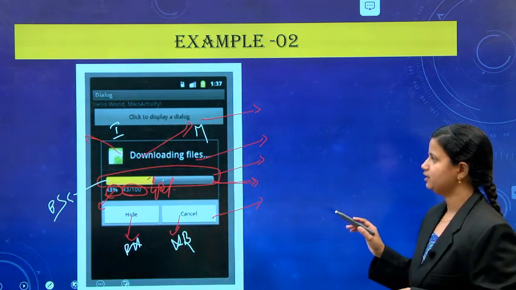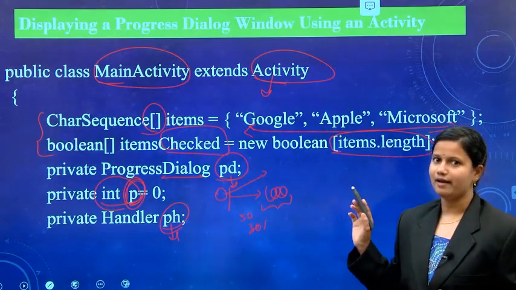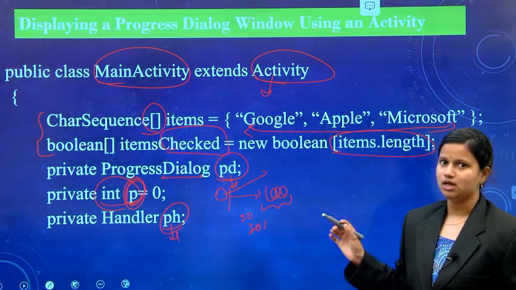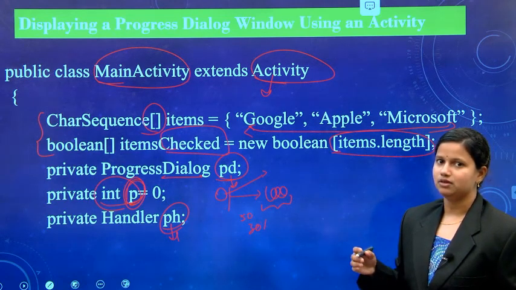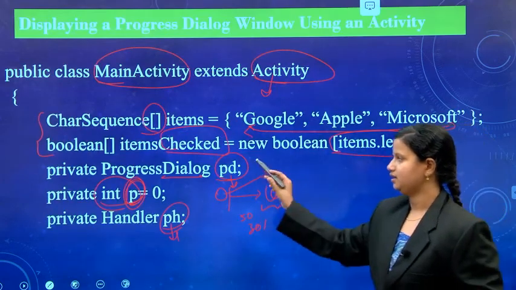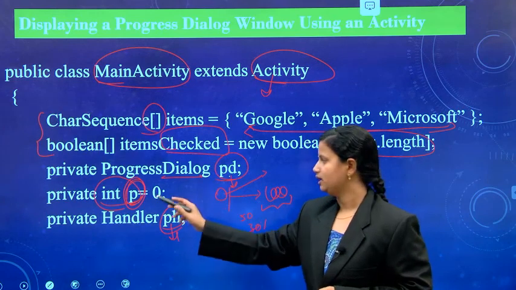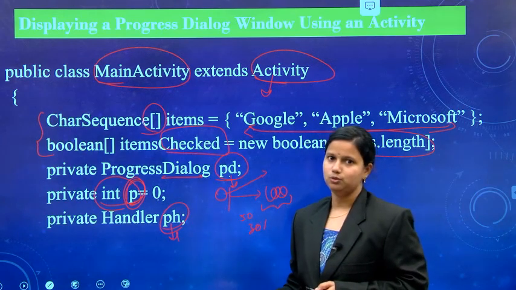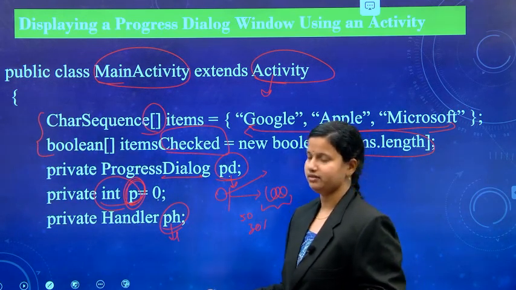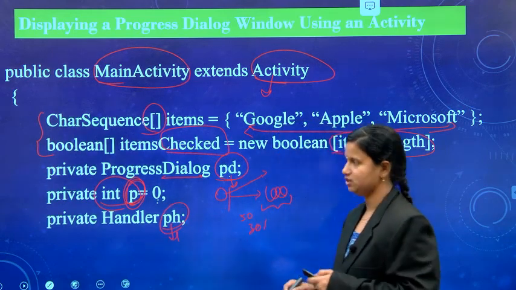For this, we have to implement the MainActivity, which extends Activity. Why? Because everything we are developing here is in activities. We are creating three different objects. PD is the progress dialog object, P is an integer value to measure the progress status, and the next one is a progress handler to check the progress status.